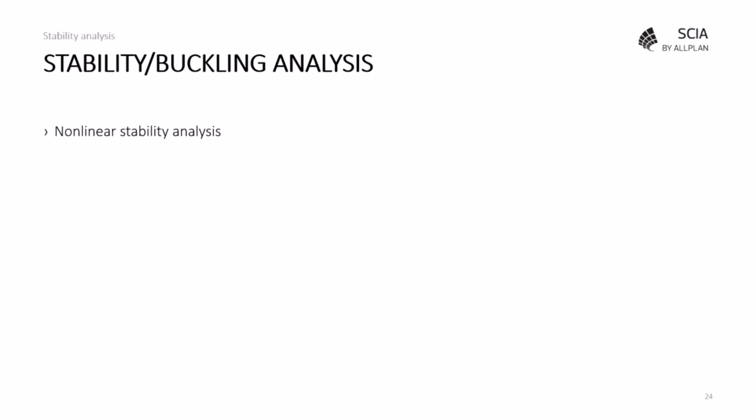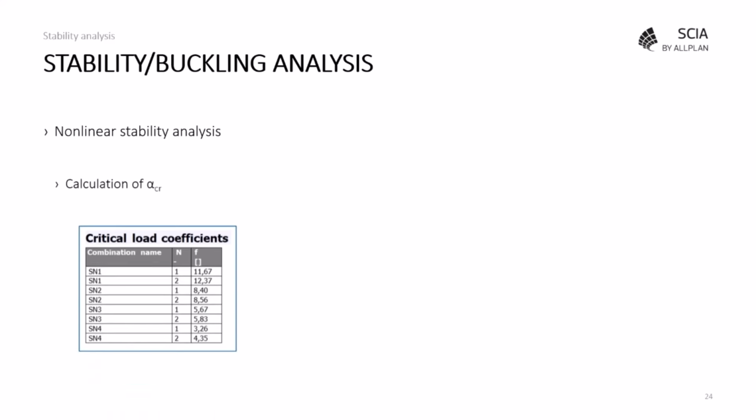And at that moment, so the nonlinearities are taken into account, the software will go one step further, one step back, just before the structure became unstable. And on that deformed state of the structure, a linear stability analysis will be executed. So it's a two-step analysis.